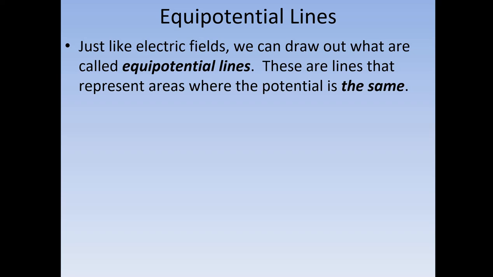Now, the thing that I want to actually talk about, besides that little warning, is this thing called equipotential lines. It's not super common. It's actually fairly rare, but I just wanted to make sure I said it at least once. Equipotential lines, as its name implies, if you break it down, equi means the same, potential means potential. These are lines that are representing the same potential throughout.